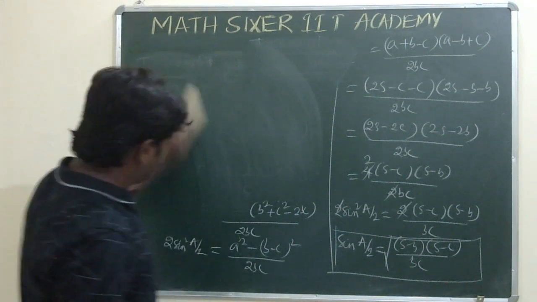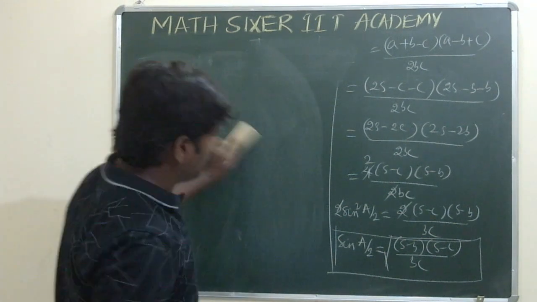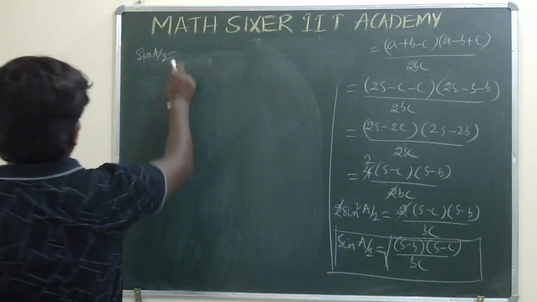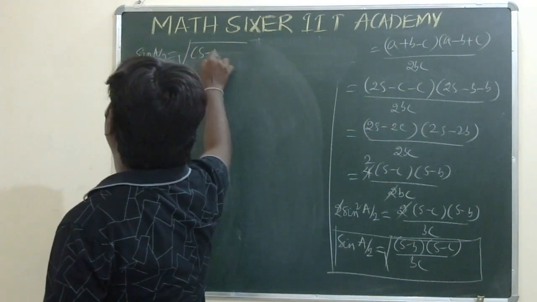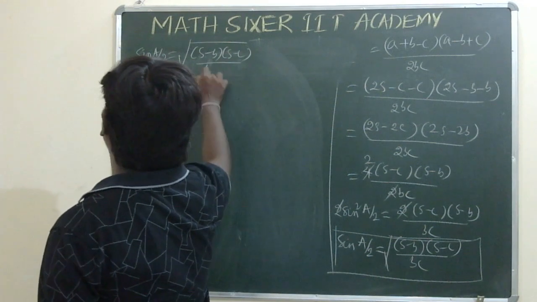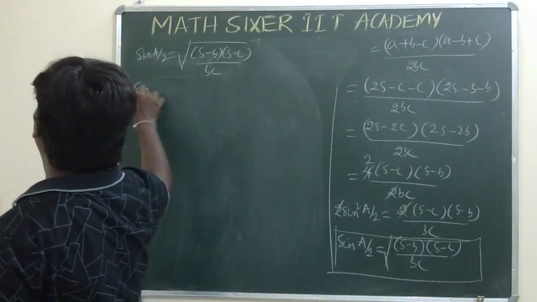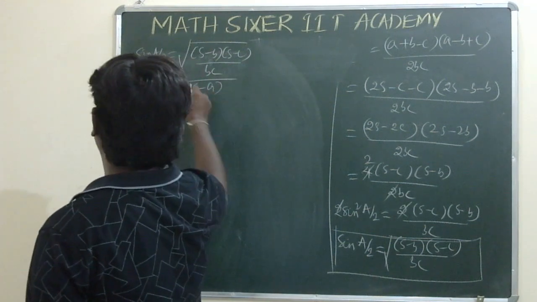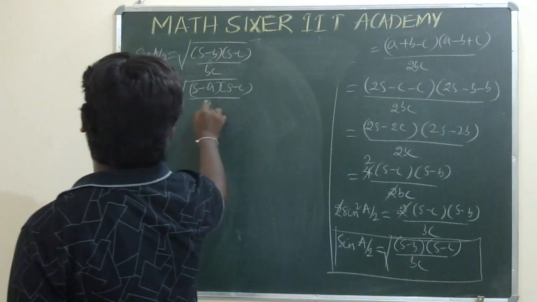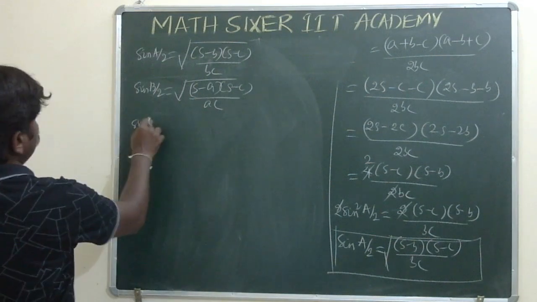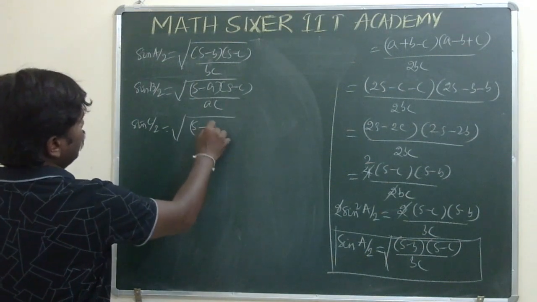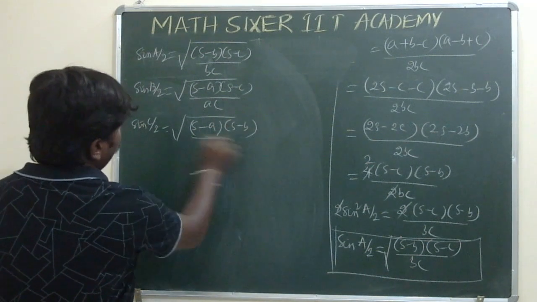Similarly, we can also write the sin B by 2 value. First, sin A by 2 is equal to the square root of s minus b into s minus c divided by bc. In a similar way, sin B by 2 is equal to the square root of s minus a into s minus c divided by ac, and sin C by 2 is equal to the square root of s minus a into s minus b divided by ab.